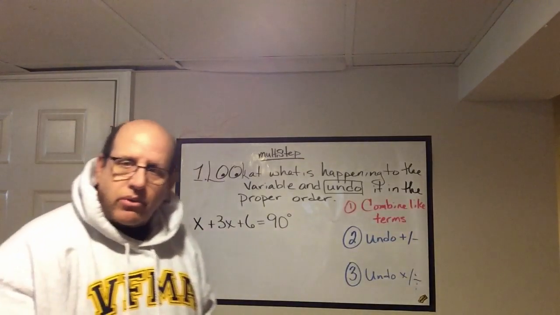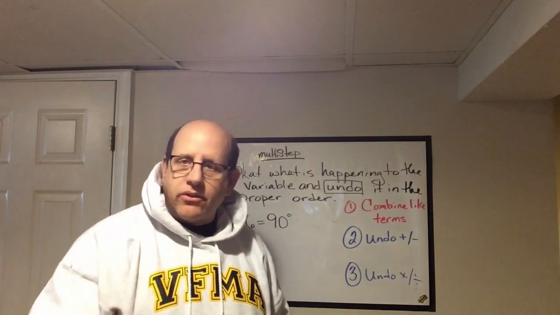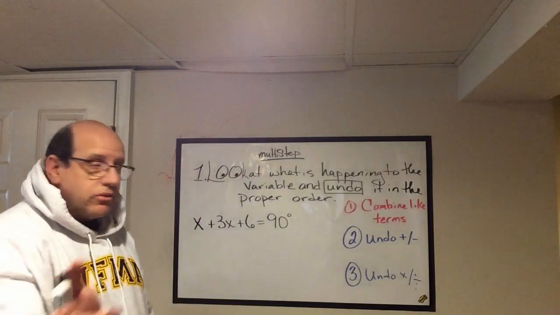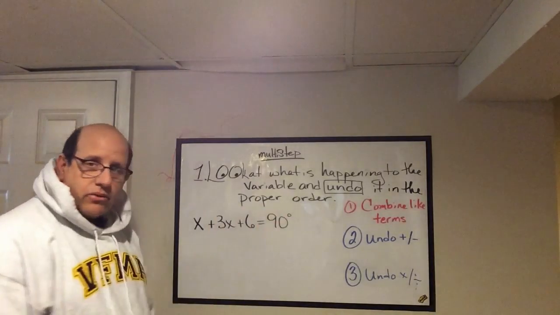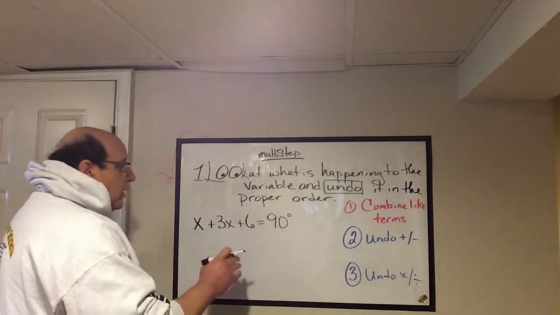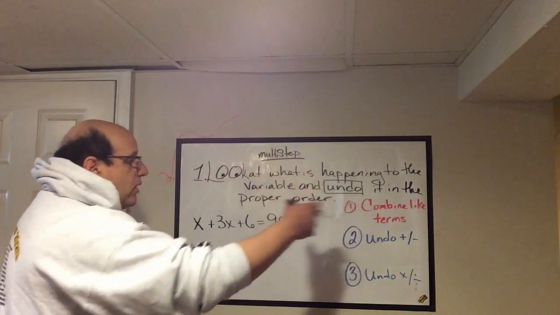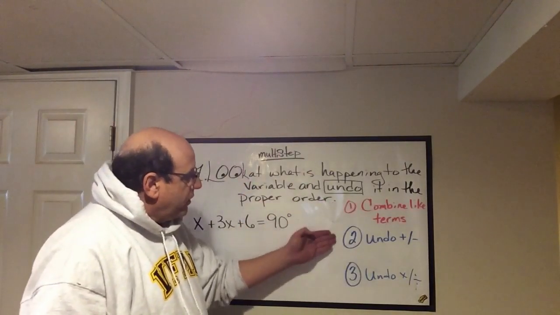We knew that the sum of the angles in the triangle was 180, and we just wanted to find what's left over after we knew that one of the angles was a right angle. So just like before, I'm going to go through the steps.